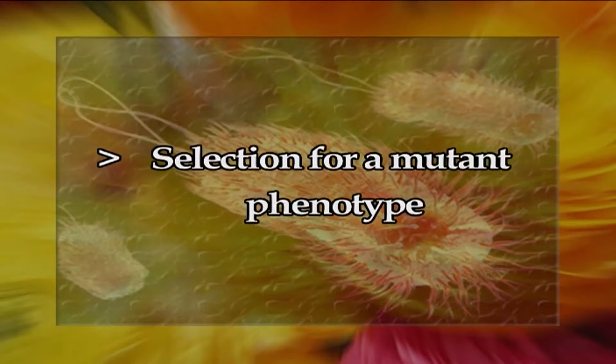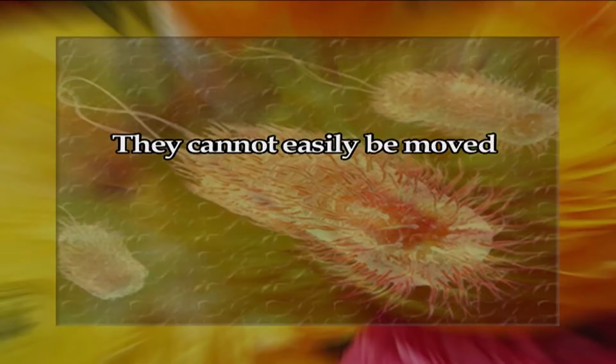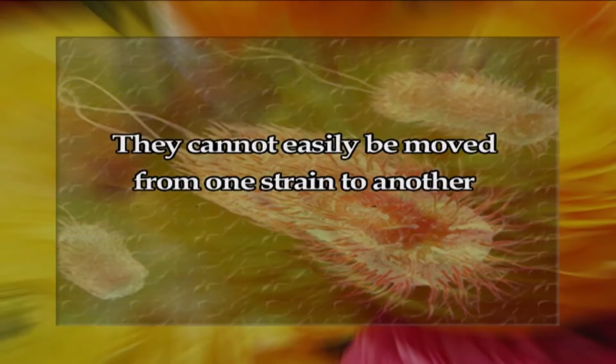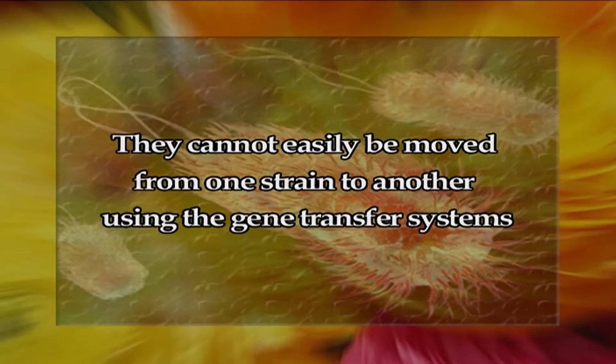Number 2, selection for a mutant phenotype. Most mutations leading to the loss of gene function do not have a selectable phenotype. This means that they cannot easily be moved from one strain to another using the gene transfer systems.